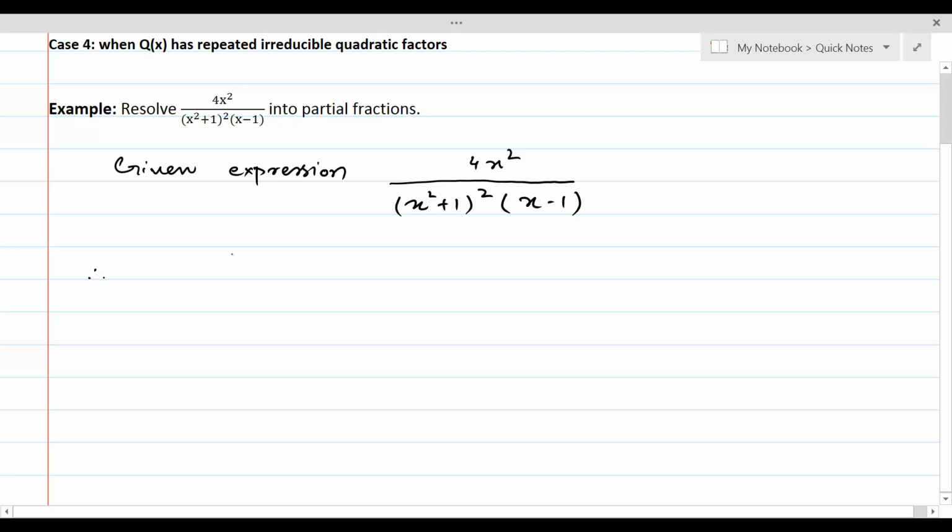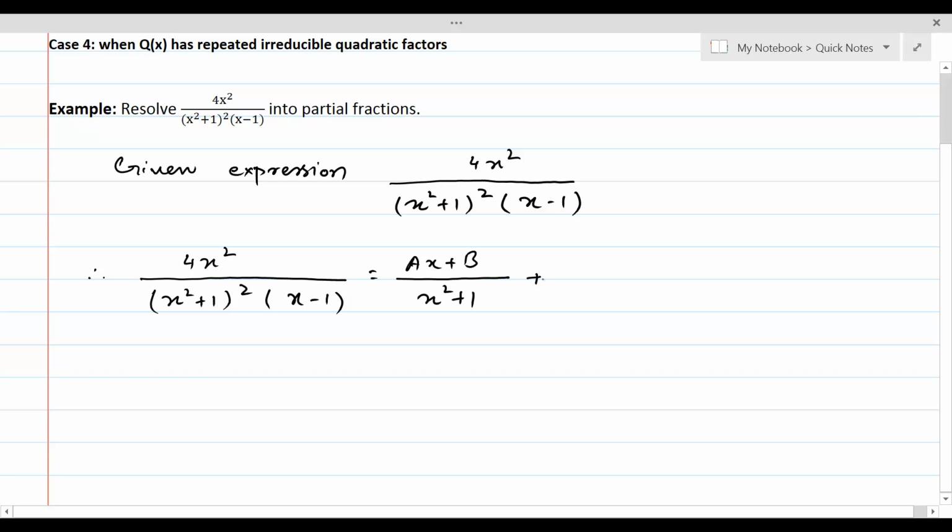So if we continue that trend, this will be 4x² over (x² + 1)² into (x − 1) equal to (ax + b) for the quadratic factor x² + 1, and because it is repeating, we are going to introduce two more constants, (cx + d), for the repetition.